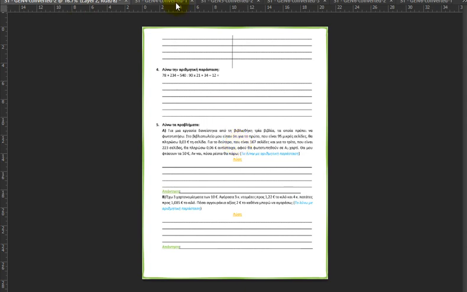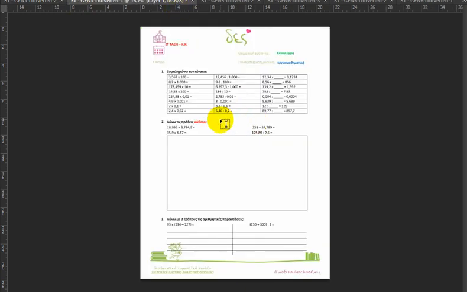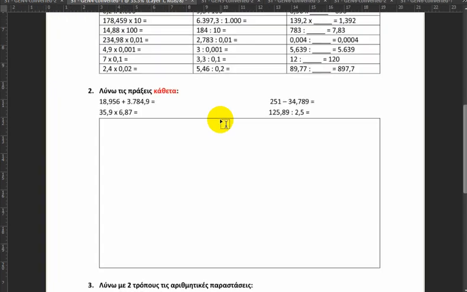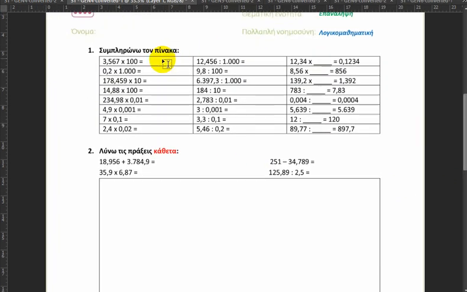All right, wait, we went to page 2 here. All right, so here we have multiplications and divisions. Might get a little confusing here, so here we go. First one, they need to be smaller.